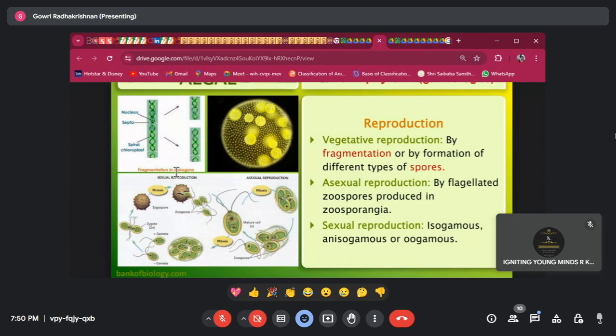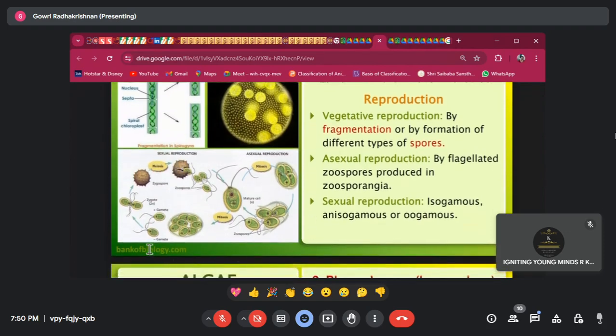You can see the diagram here. The cycle, you remember, isn't it? The zoosporangia releases the zoospores, and then they fuse, and the thallus is formed. The sexual reproduction is isogamous, anisogamous, and oogamous, the same thing we saw in the last one.